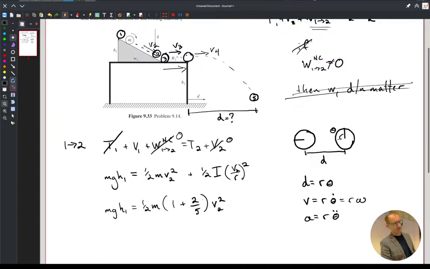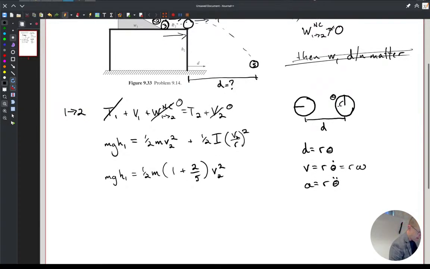And then on the other side, once we have that value of V4, we know that it's got an initial y velocity of 0. It's going to fall for so many seconds, so it'll travel this many meters in that many seconds.